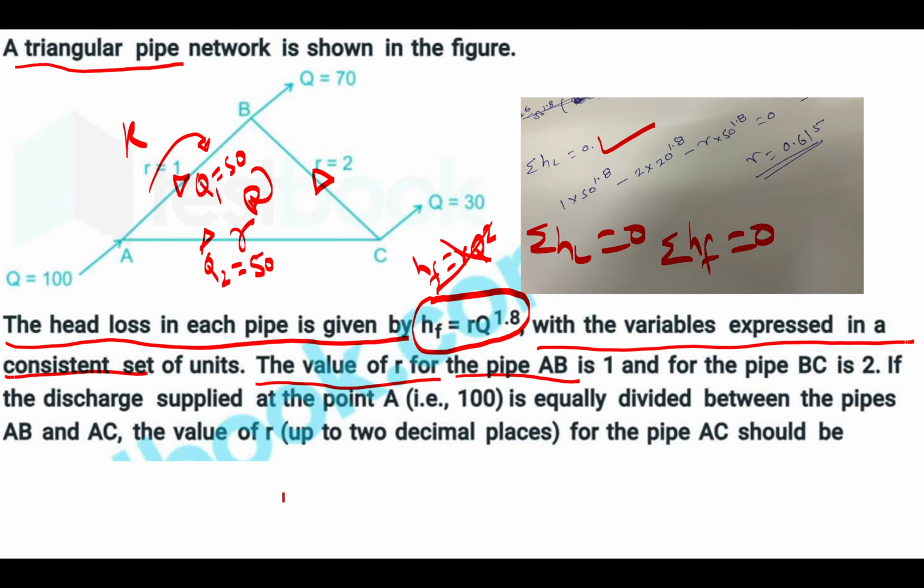So your R1 Q1, here this is just opposite, that is anti-clockwise, minus R2 Q2. Let us suppose this is Q3.